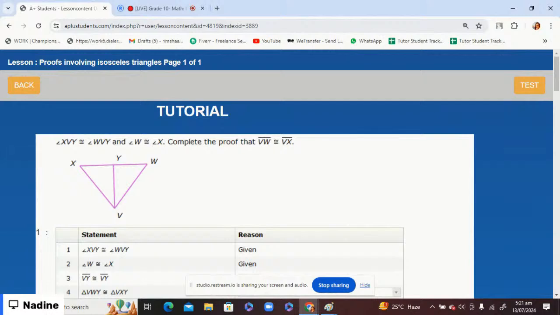Angle XVY is congruent to angle WVY, and angle W is congruent to angle X. Complete the proof that line VW is congruent to line VX. Got it? Two things are given: these triangles are congruent and their angles are congruent.